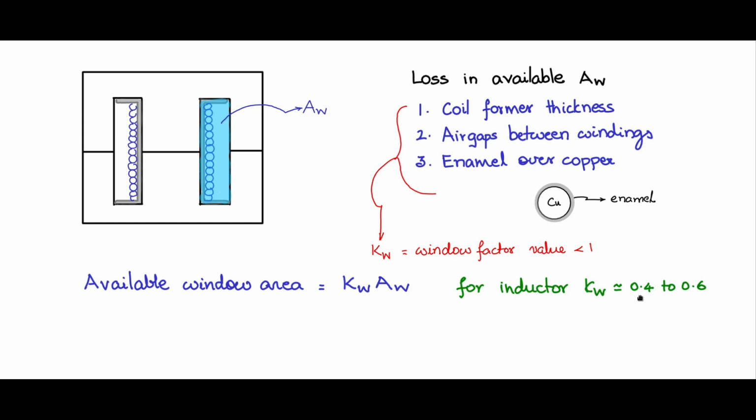Therefore we have a range of Kw. If someone is a novice who is winding it for the first time, a newbie, the Kw factor will be lower, and someone who is very experienced and has very good skills in winding the coils will be around 0.6 Kw.